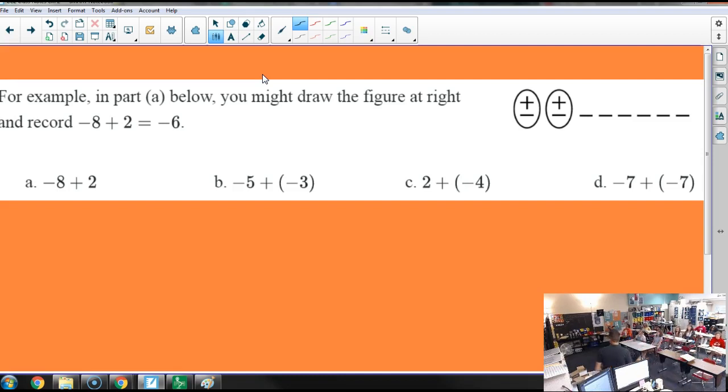So, if I called on Micah for number 1, or number A, which, hey, that's me, I would say something like, well, with a negative 8 and a positive 2, we can make 2 zero pairs, positive, negative tiles, and then I have 6 negatives left over, because our thought process here is if I had these things physically out on the desk, and I had 2 positives and 8 negatives, when I make zero pairs, whatever's left is my answer, quote unquote, my sum, right? So this would turn into -6.